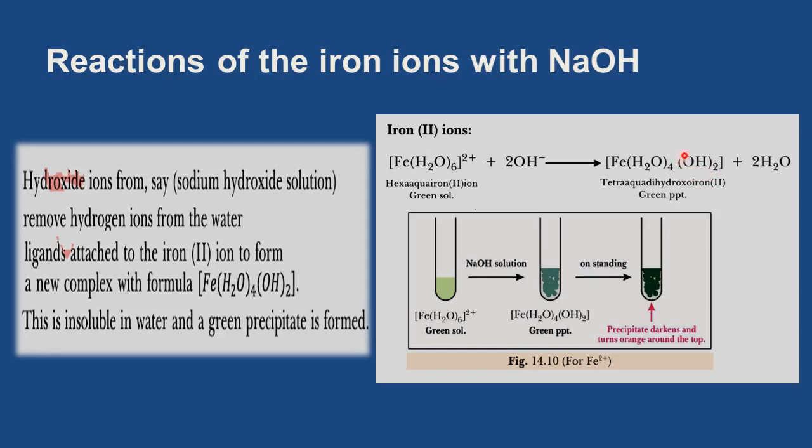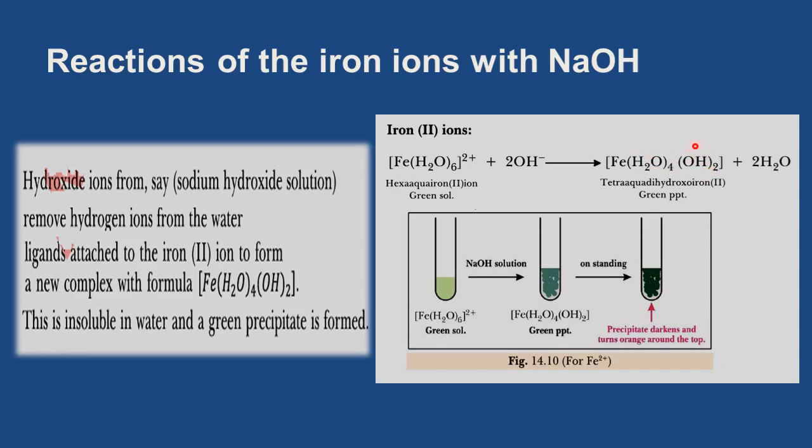Now students, it is a neutral complex. It is called the tetraaquadihydroxo iron(II) complex, and it is a neutral complex. How? The oxidation state provided by water is 0 as it is a neutral ligand. OH carries a -1 charge, so the overall charge is -2 for 2 OH, and the charge of iron is +2.